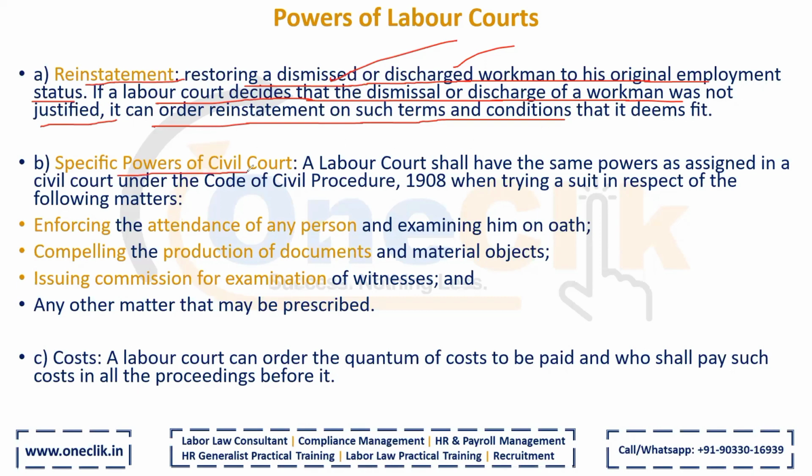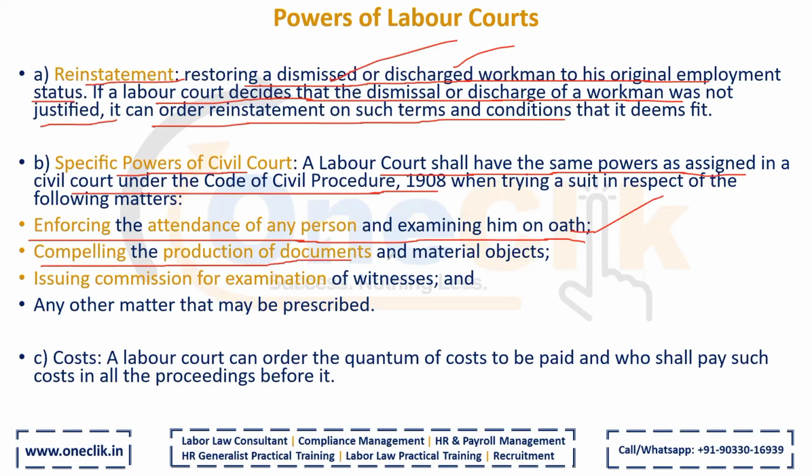Specific powers under the Code of Civil Procedure: the labor court shall have the same power as assigned in the civil code. In that case, they can enforce the attendance of any person and examine them on oath. They can call any person and take an oath also.